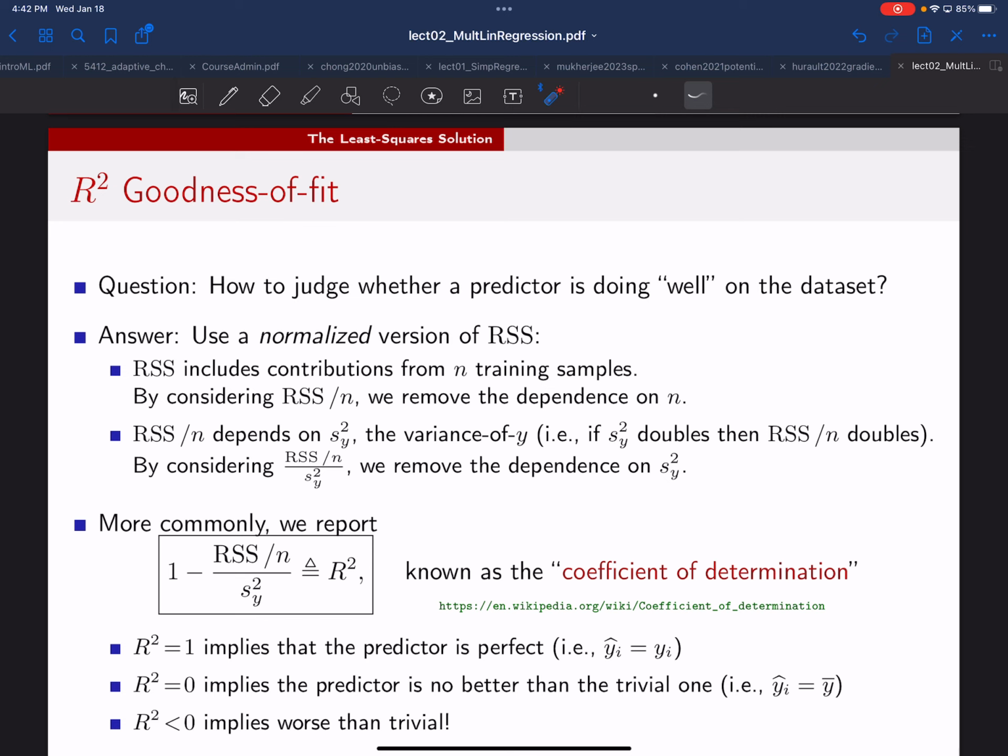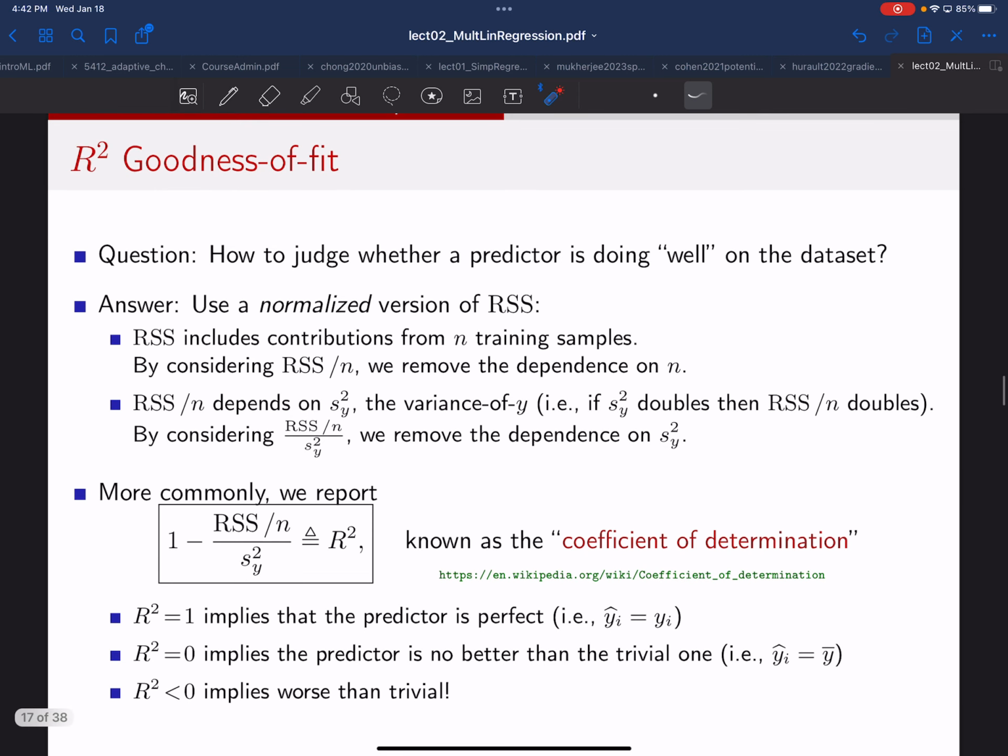The next question we could ask, same question we asked in the last unit, is how do we tell whether we did well in our prediction problem? And everything on this slide you've seen before. You use R-squared, the coefficient of determination. The motivation, again, is RSS is a nice metric, but it has a couple weaknesses.